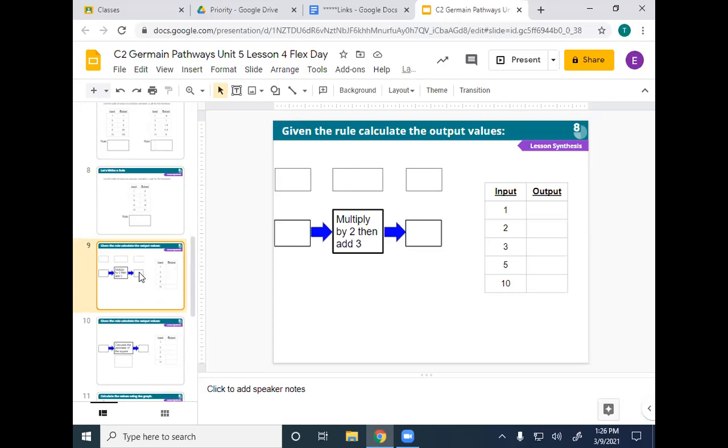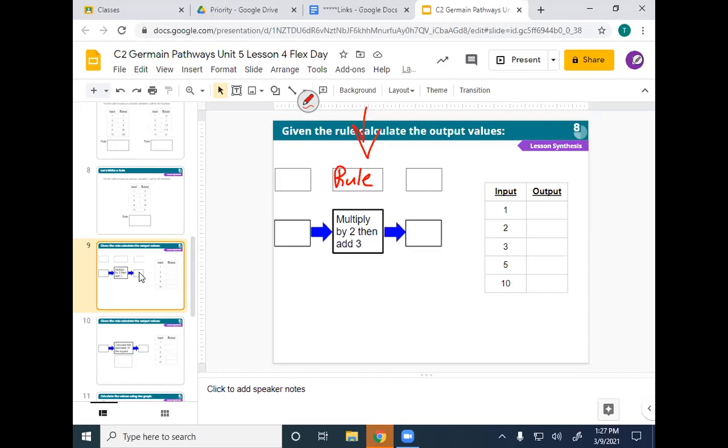If I look at this middle section here, what is that called? What do we call that piece that's in the middle? Billy? The rule. And the rule is what? It explains what you're going to do to the input. Good. Very good job, Billy. And so the left side of this function machine, we have our what? Olivia?